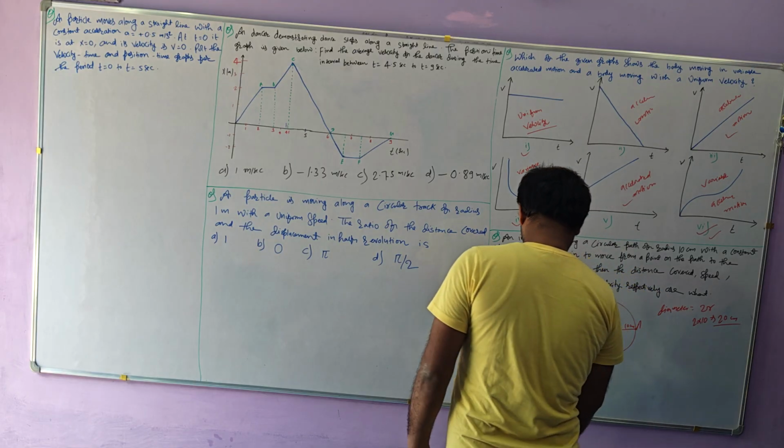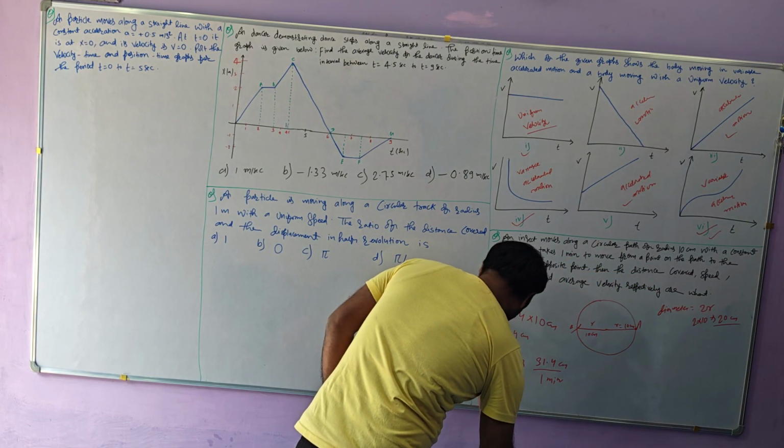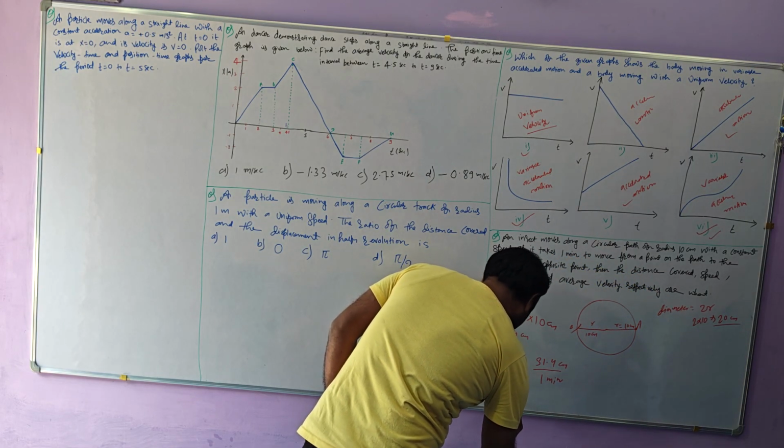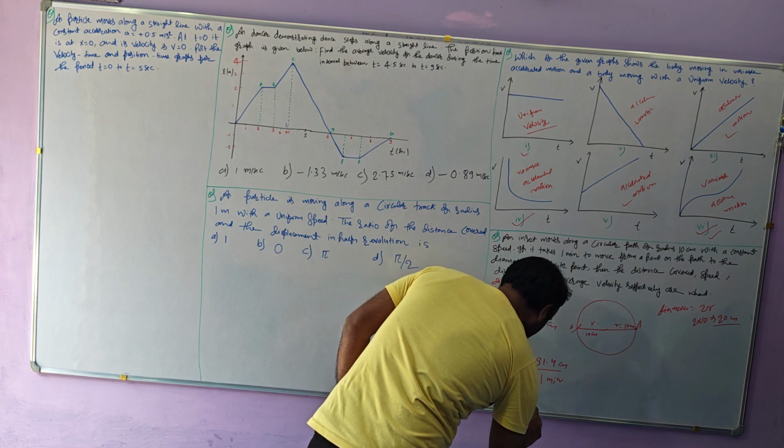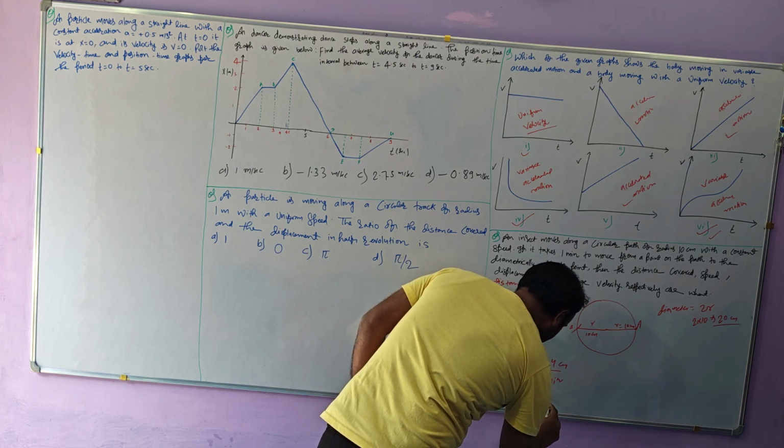Then speed V is equal to 31.4 centimeter per minute.